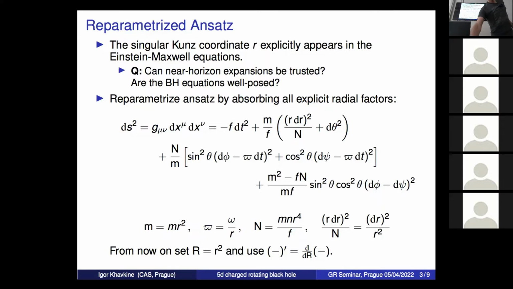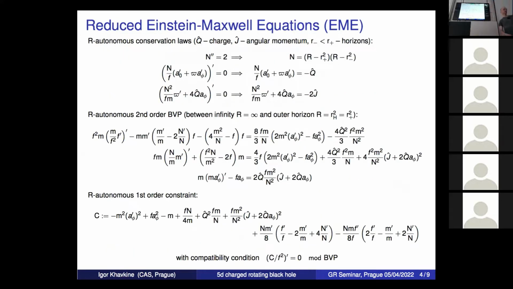So we have this parametrized ansatz, and we rederive the Einstein equations, and they can be presented in a specific structured form, following the work by Kunz et al. They also structured the reduced Einstein equations in a similar way, but in their equations this irregular radial coordinate appeared explicitly in many different places.